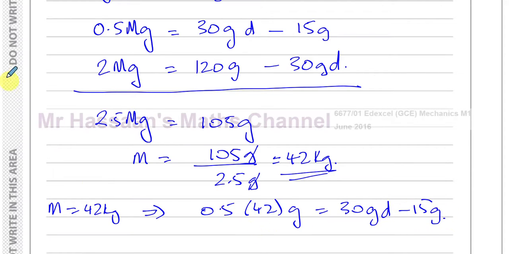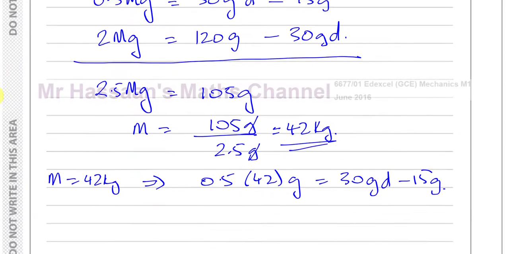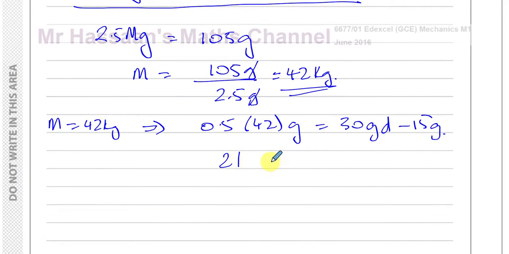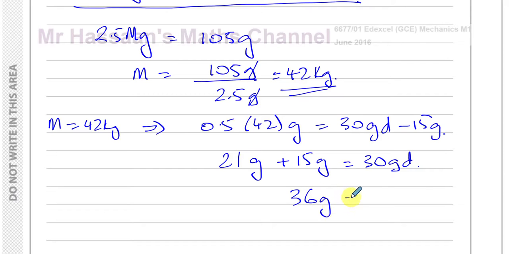That's going to give me half of 42, which is 21. So I've got 21g plus 15g equals 30gD. 21 plus 15 is 36, so 36g equals 30 times gD.